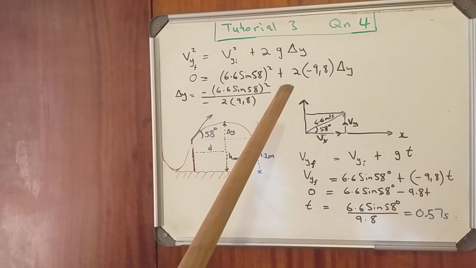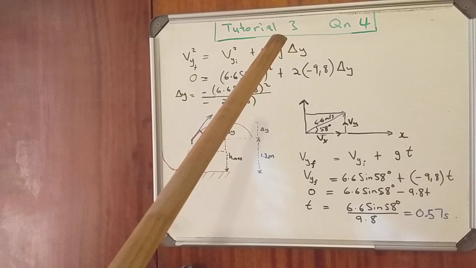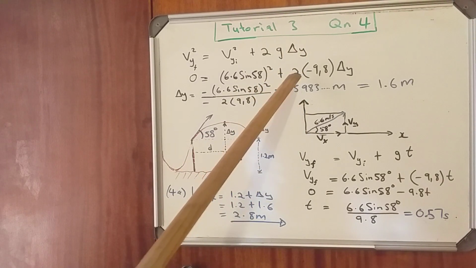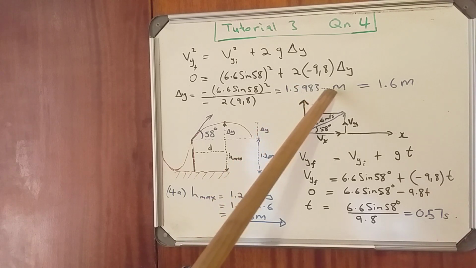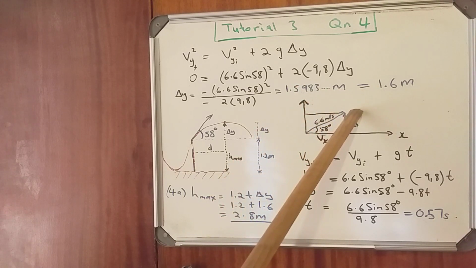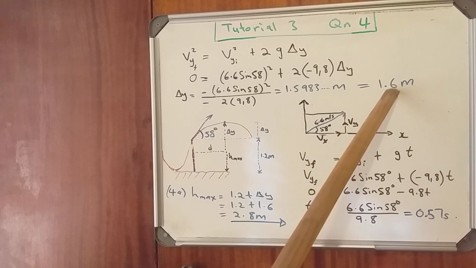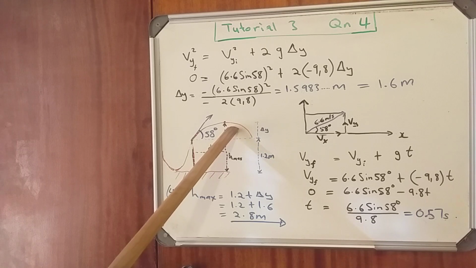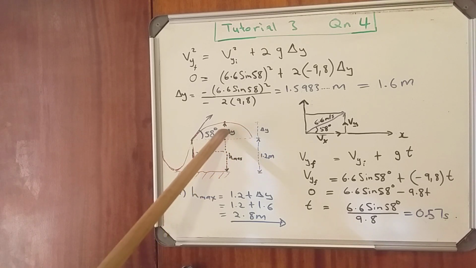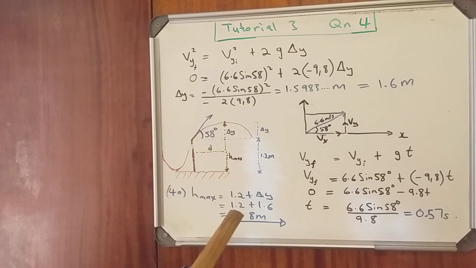So our answer there is equal to 1.5983 something meters. Rounding it off, we get 1.6 meters. That is our change in y from there to there. Now we want to calculate the maximum height above ground.